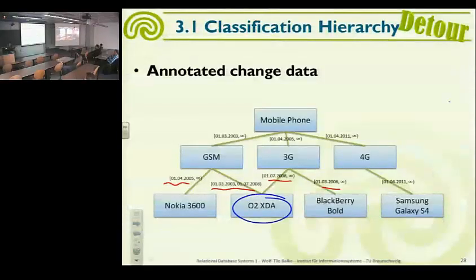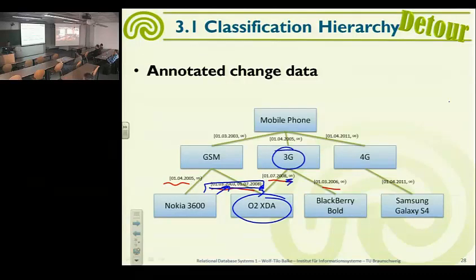If you look at the point where we had the conflict here, this product was valid as a GSM product family from 2003, so from the very start when we started to save data in the data warehouse, up until 2008. And then from 2008 up until now, it's a 3G phone.